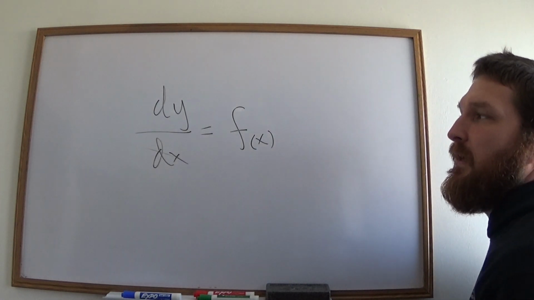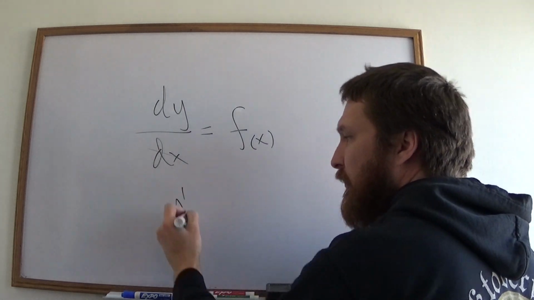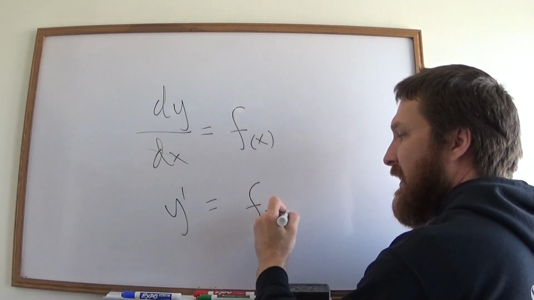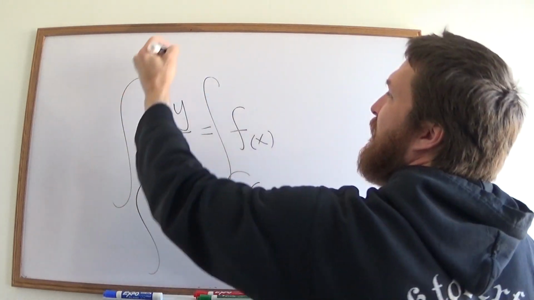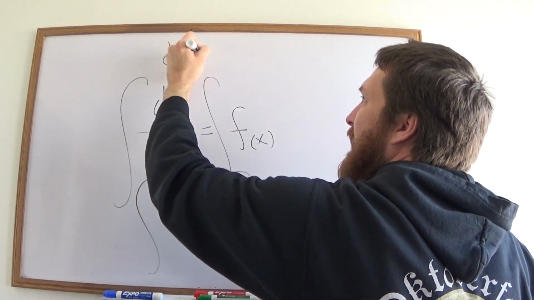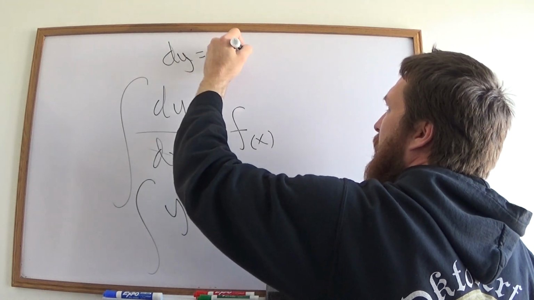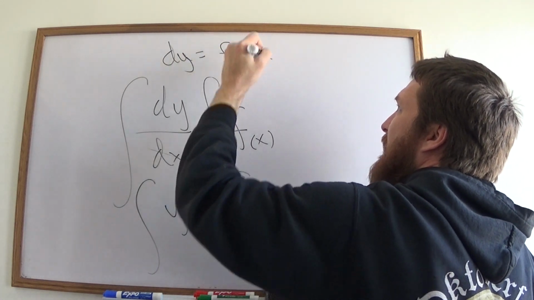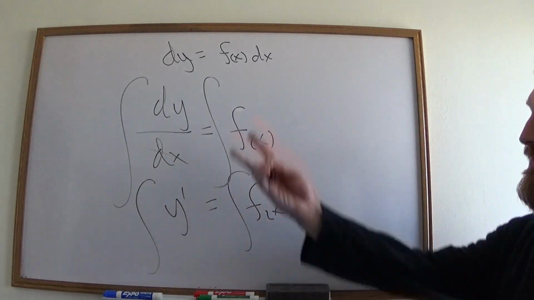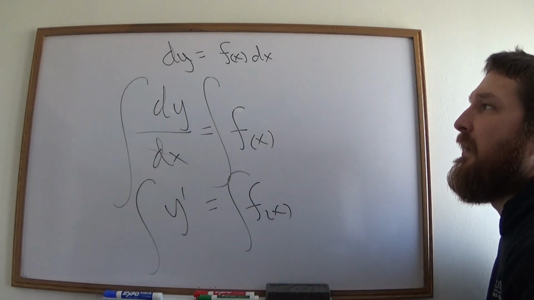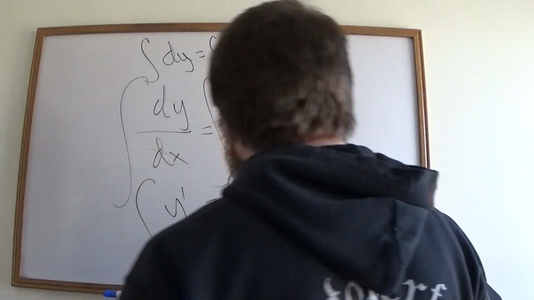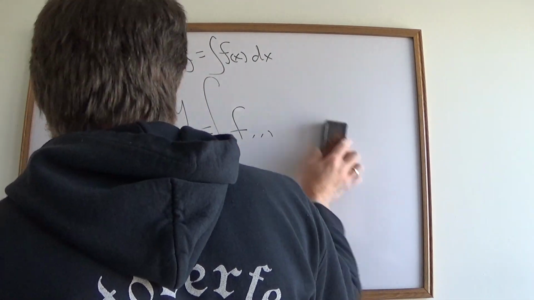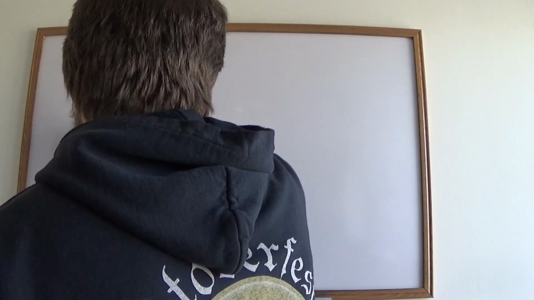Just integrate it, right? All this means is y prime is f of x, and you just integrate it. Or if you really need to, use dy, because I even say it's separable. Like, find a separable differential equation. Well, this is separable, isn't it? And then you just integrate the guy. Don't make it too hard. There's no crazy stuff you're going to need to do. Okay. All right.